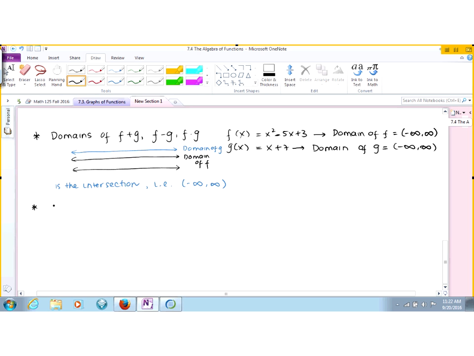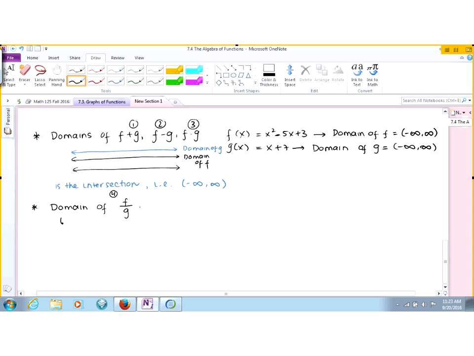Okay. Now the next question is, what is the domain of f over g? So this is three questions. This is one question, two questions, three questions. This is the fourth one. What is the domain of f over g? Well, what happened now? It's the same, but I have to exclude where g of x equals 0.